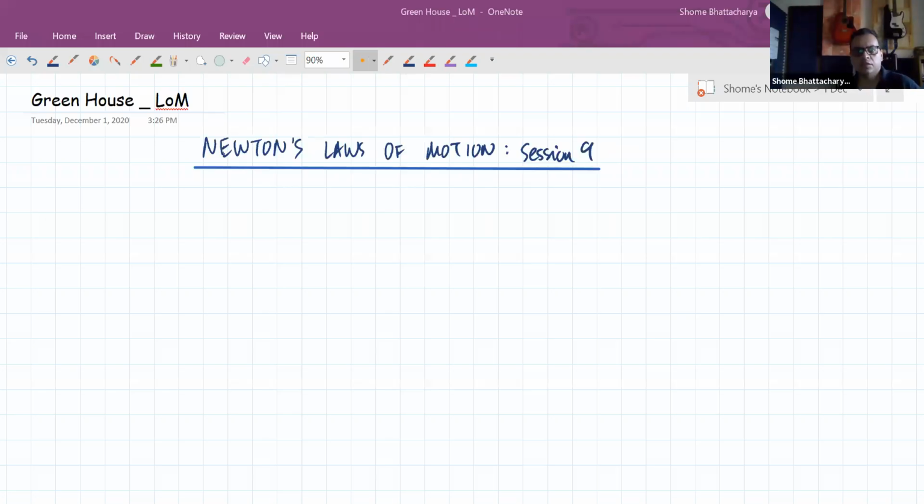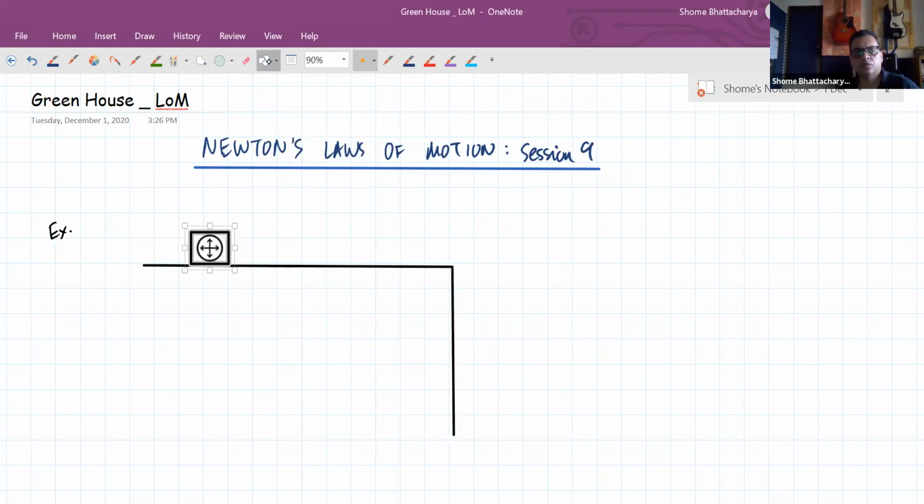Okay, so in fact, let's start with this example question. So we have this smooth tabletop, and on top of this we have kept one block like this, and there is also a pulley over here.